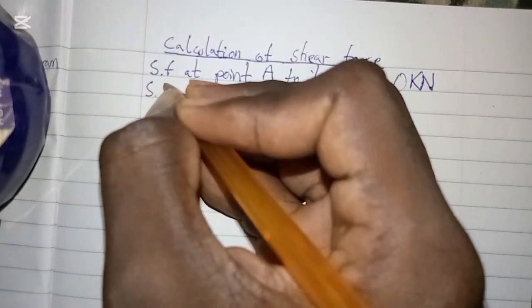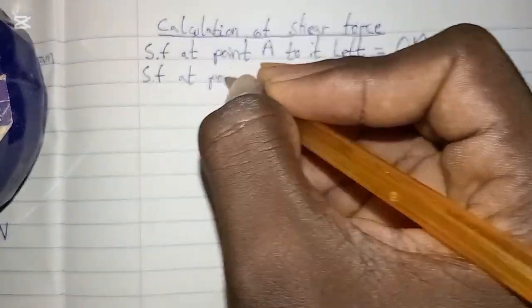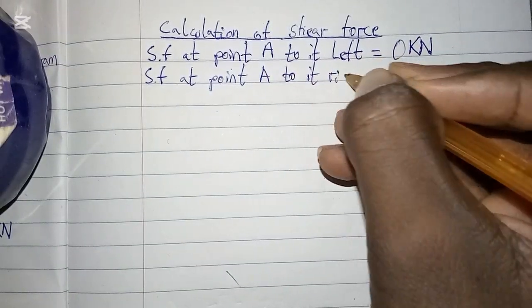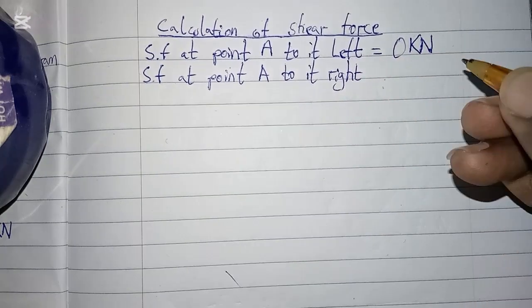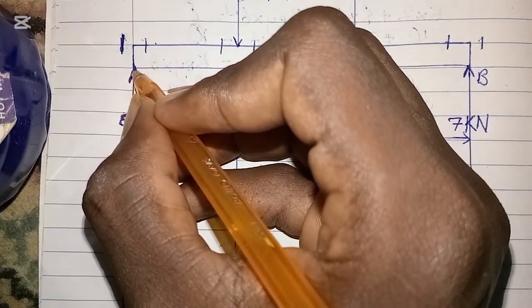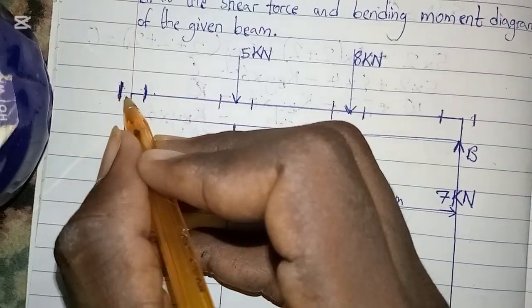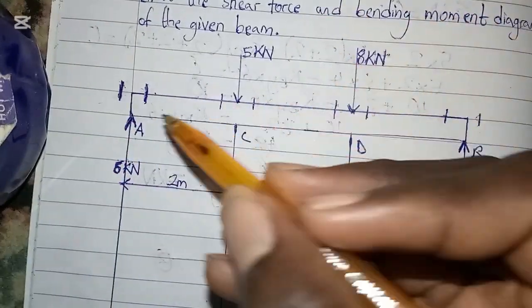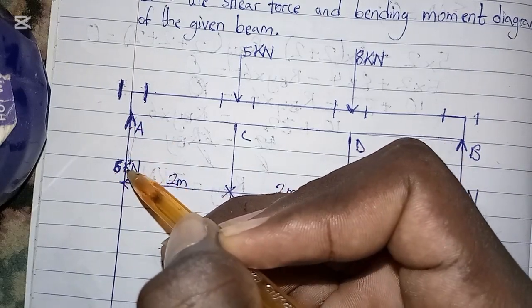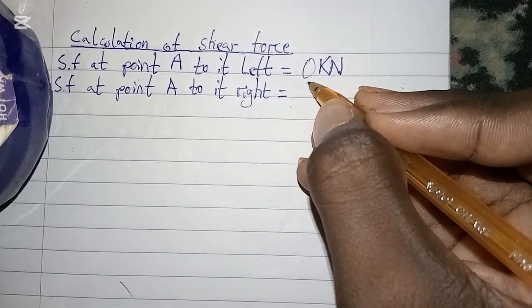Shear force at point A to 8 right will be equal to what? So here you come to point A, but you stand at this side and look. Which reaction do you see? You can see this reaction, 6 kilonewton.